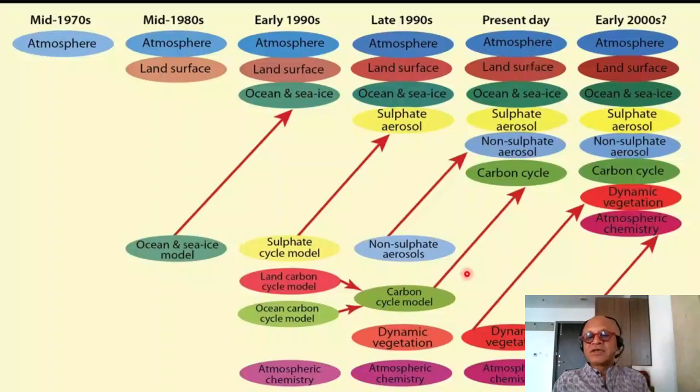But you can see that not many of them had land ice. So land ice was represented. Sea ice was there, but glacier dynamics and ice sheets were not there. Even now, not many models have explicit ice sheet modeling and their impact on ice albedo feedback and so on. They're represented using satellites.